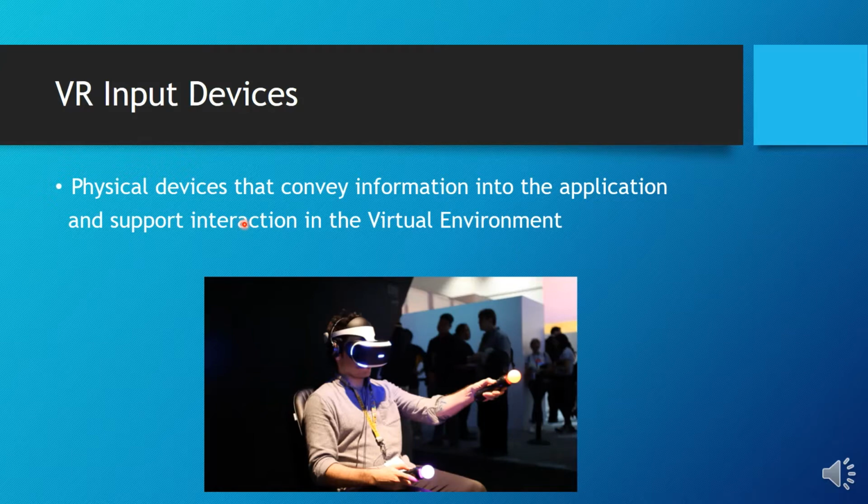It has the same function as other input devices, but specifically in the virtual environment. So let's find out what are those input devices that can be used to support VR interaction.